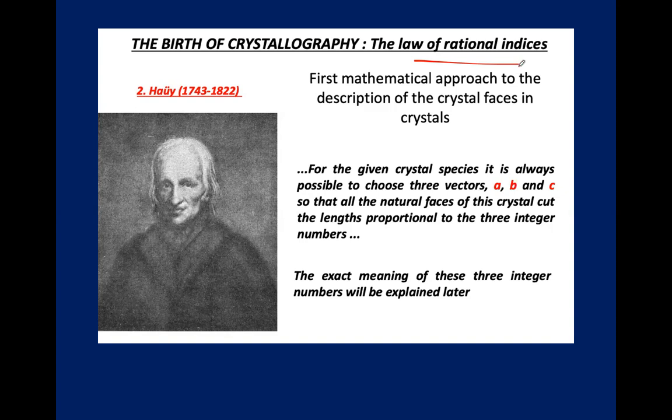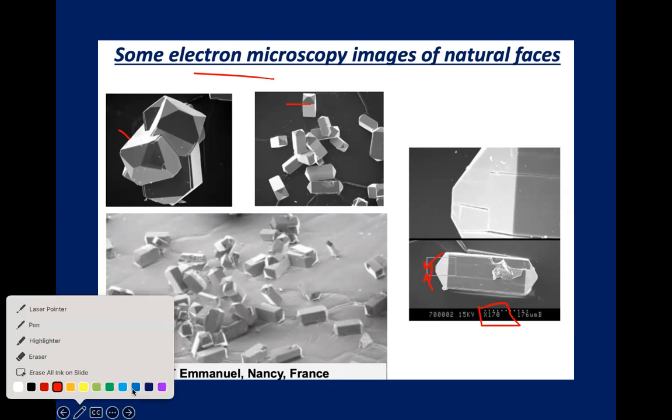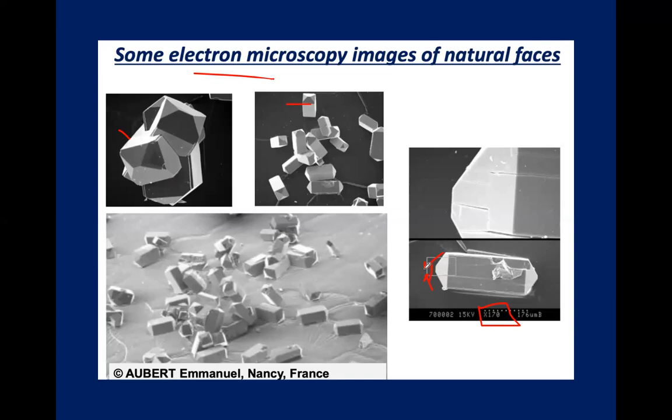For example, for this quartz crystal right here, you can assign some axes, one direction like this, the elongated direction, and another direction like this, and another in three-dimensional space, so XYZ directions.